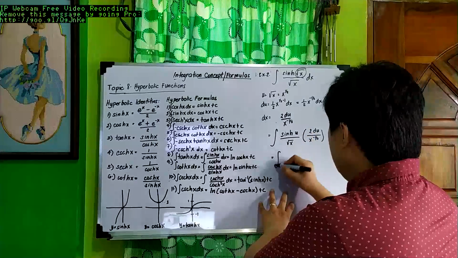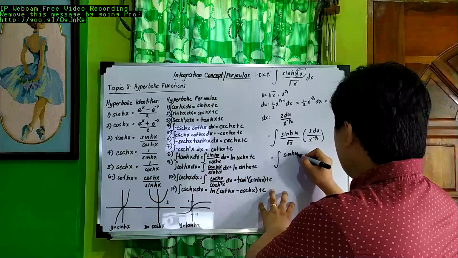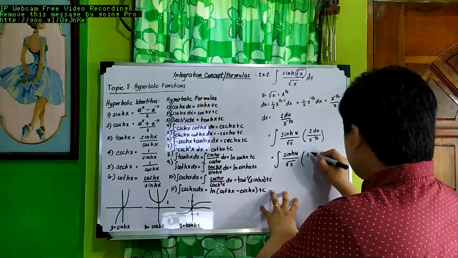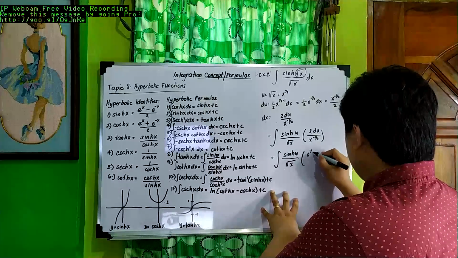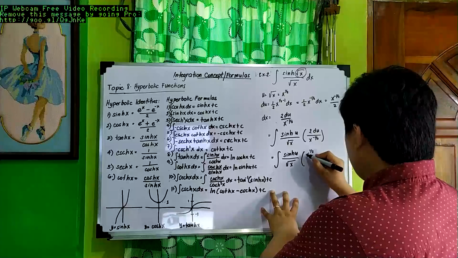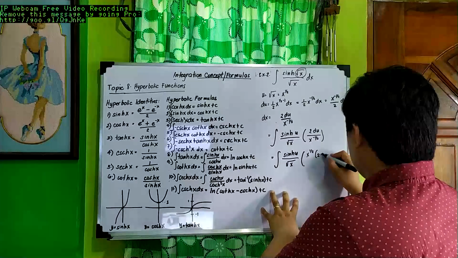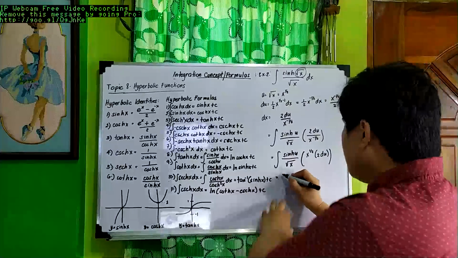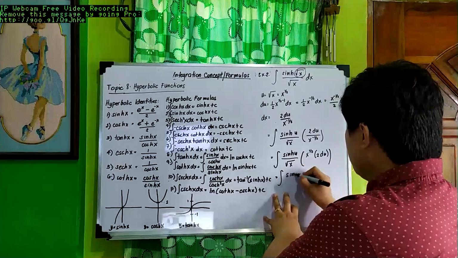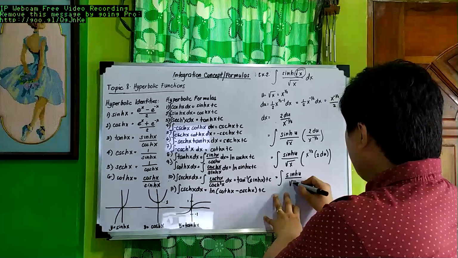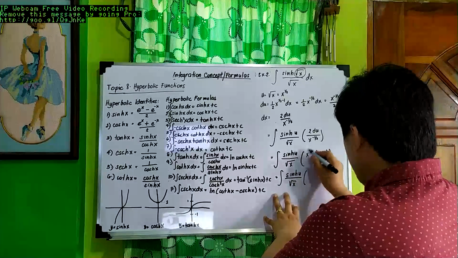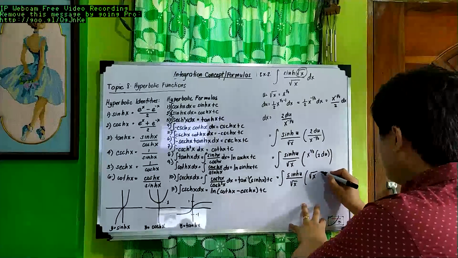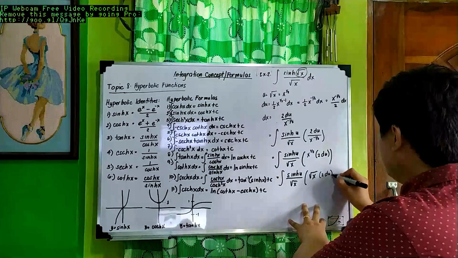So we have sine hyperbolic u over square root of x multiplied by x raised to the 1 half, change the sign, times 2 du, right? Or in other form, that is equal to sine hyperbolic u over square root of x multiplied by square root of x times 2 du.